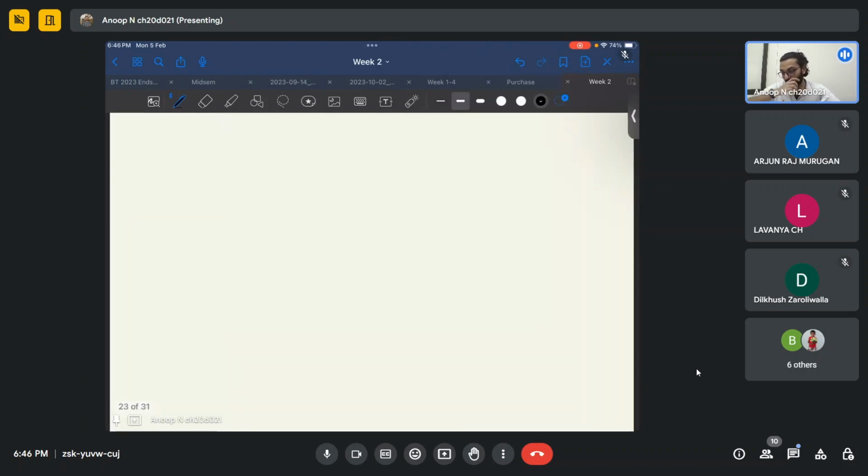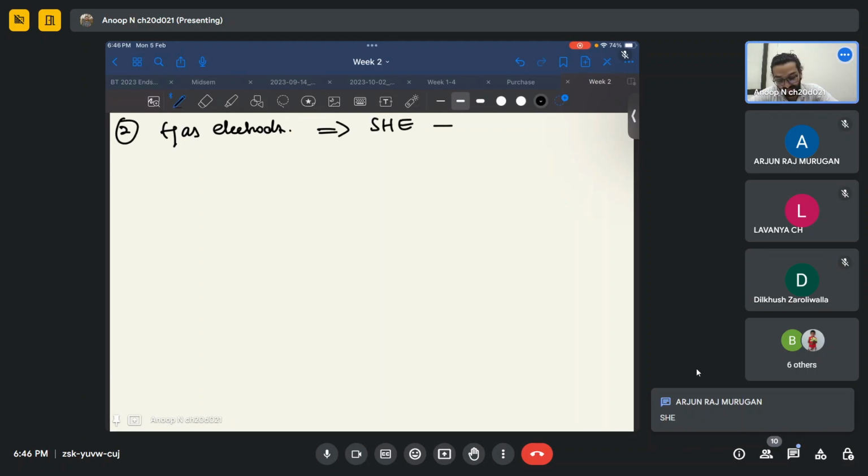Then what was the second type of electrodes? Gas electrodes. What is an example of a gas electrode? This is a famous electrode, right? Standard hydrogen electrode, the reference electrode.